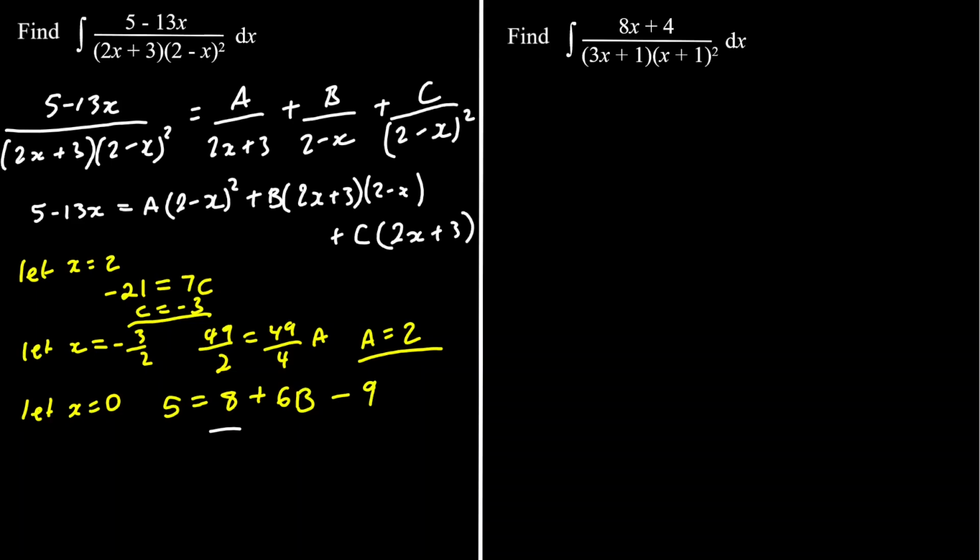So we get 6b equals 6. 6b equals 6. B must be 1.